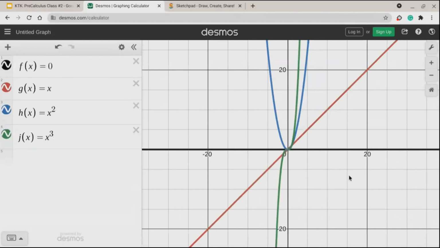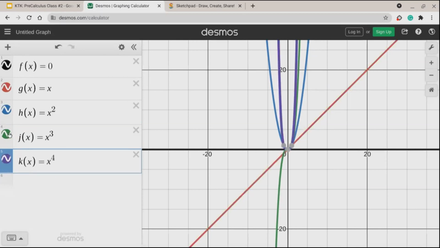So keep in mind, remember that all these parent functions will not have any transformations on them at all. So it's just going to be that one variable, and since it's a polynomial function, that one variable with a constant in the power. So we also have k of x, which is equal to x to the power 4. I'll go ahead and close these last two down.